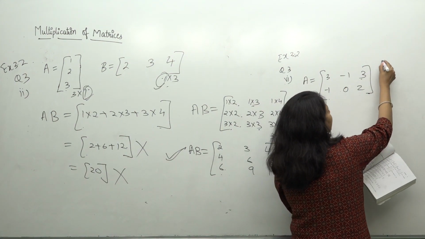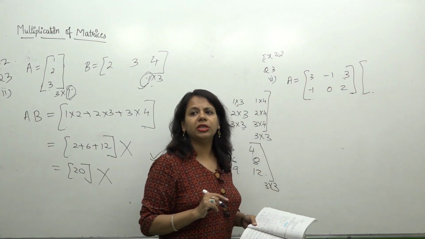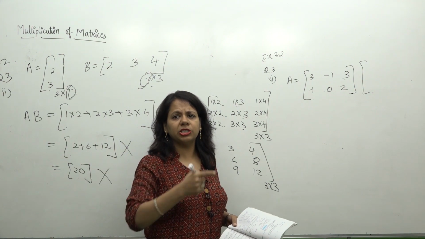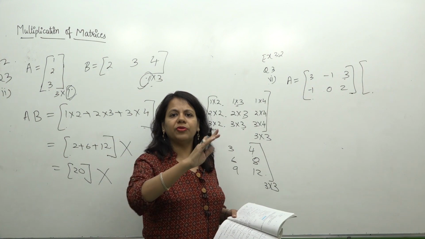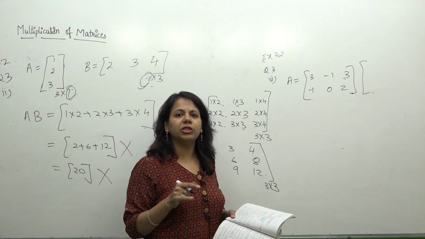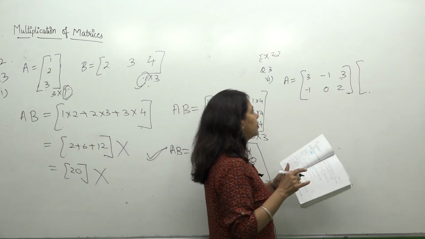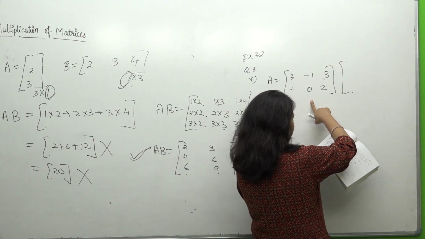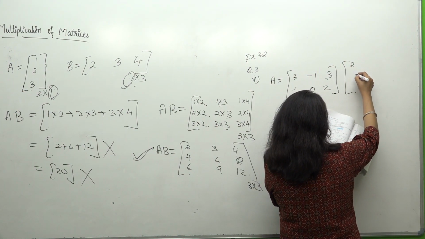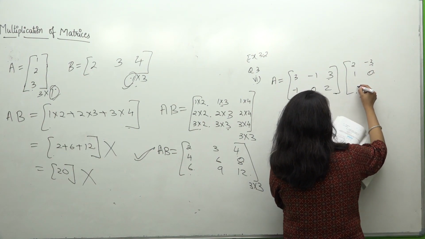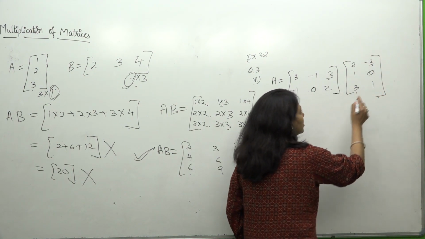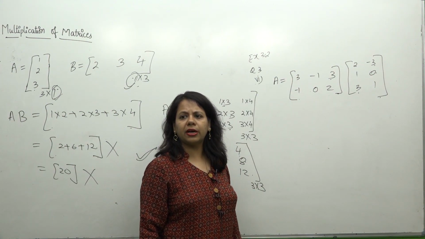And always write the matrices in front of each other. If you want to perform multiplication, do not write one below the other. You will tend to make a mistake. So always write the matrices in front of each other to perform matrix multiplication. So A is this matrix and B is 2, minus 3, 1, 0, 3 and 1.